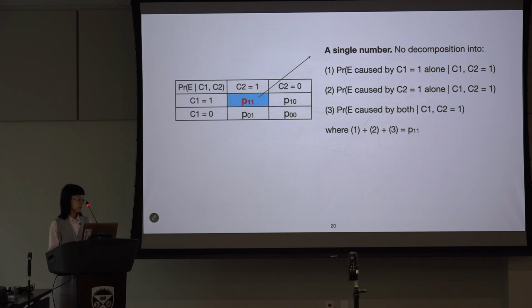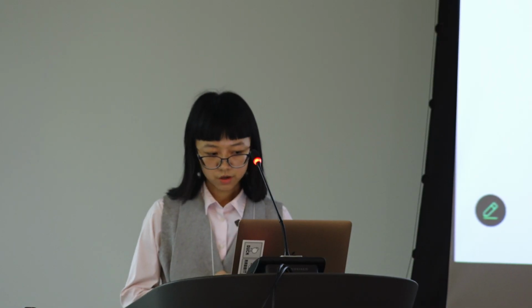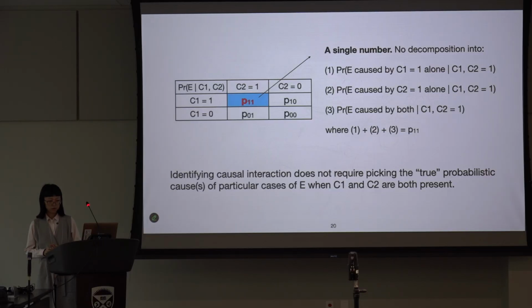And this is not just true for interaction contrast, but for the other measures of interaction. You don't need to do those decompositions. So what this shows is that identifying causal interaction, again, does not require picking the true probabilistic cause or causes for particular cases of E.